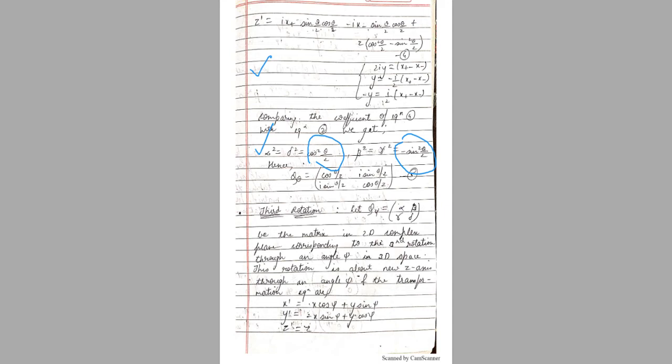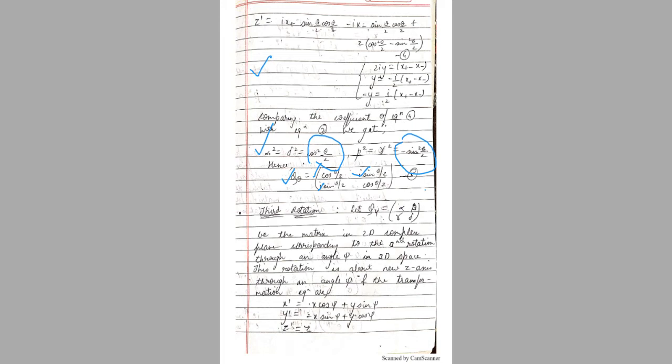So here I have got the matrix q theta in this form, where this is alpha, this is beta, this is gamma, and this is delta. Hence I have got the values of alpha, beta, gamma in the form of theta.